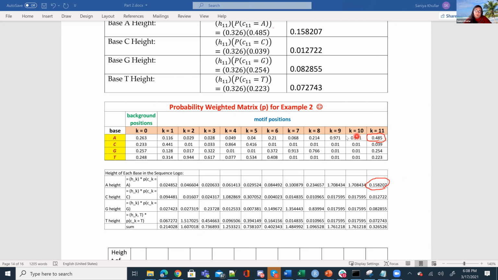But in these two spots, where we actually have quite a bit of A, or one base in particular, the information content is going to be a lot higher. So the height typically corresponds to how much information we have. As I mentioned in the toy example, when we don't have enough information, where it can be 20, 30, 30, 20, the height's going to be much lower.